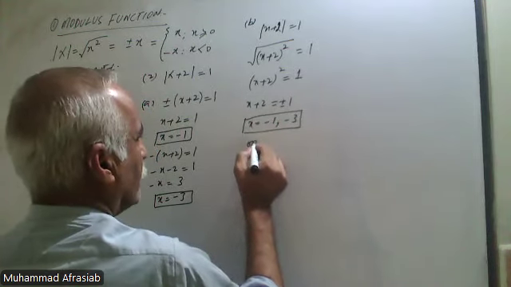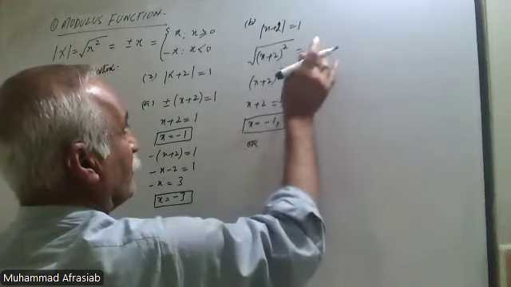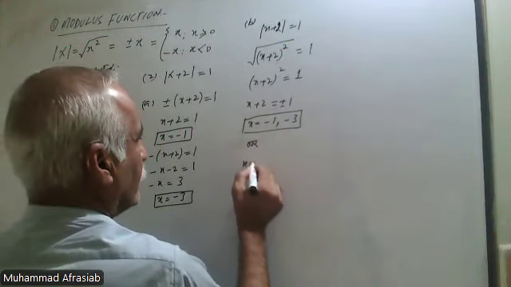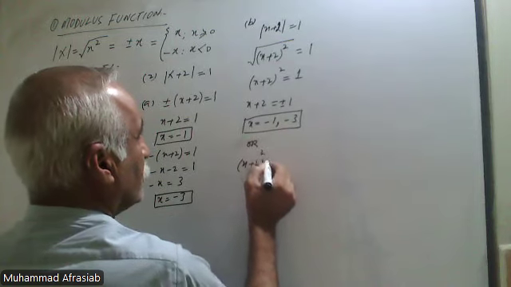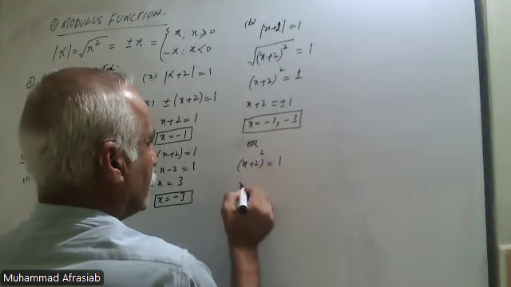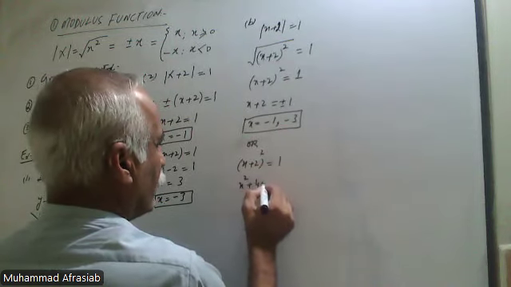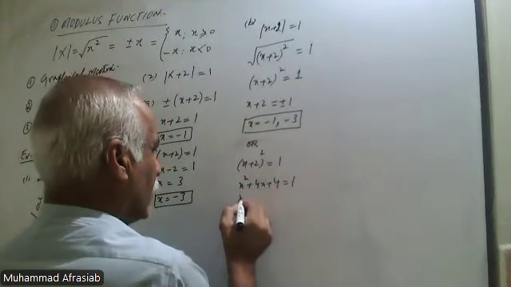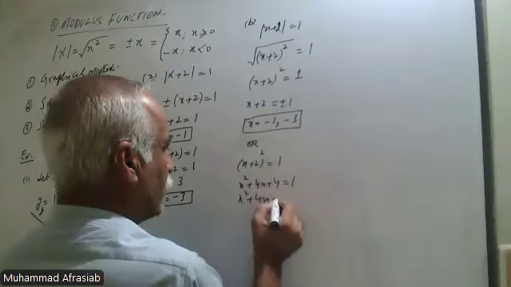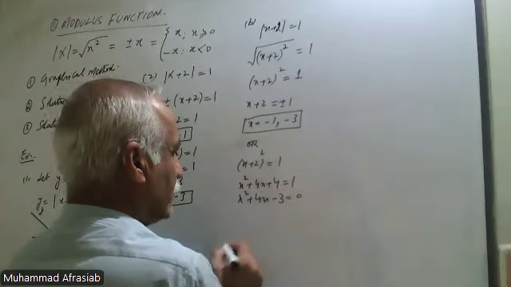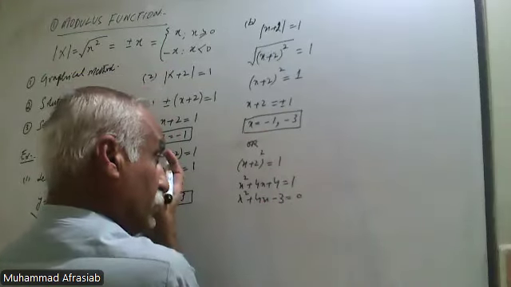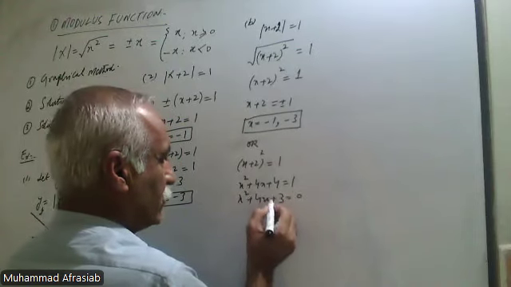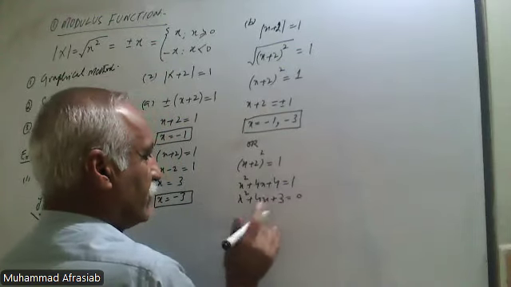Or if we use the same method, (x + 2) squared = 1, then x squared + 4x + 4 = 1, or x squared + 4x + 3 = 0. 4 minus 1 is plus 3.